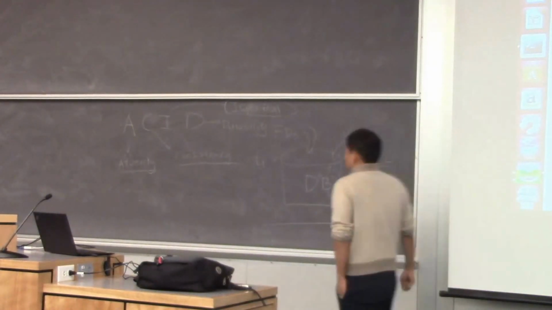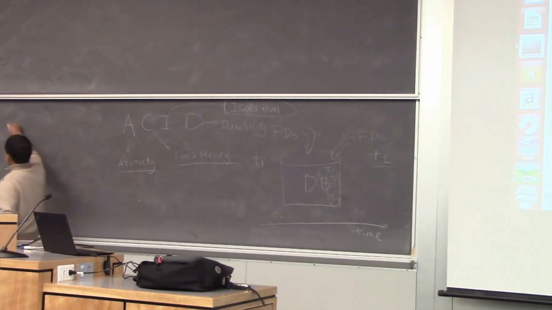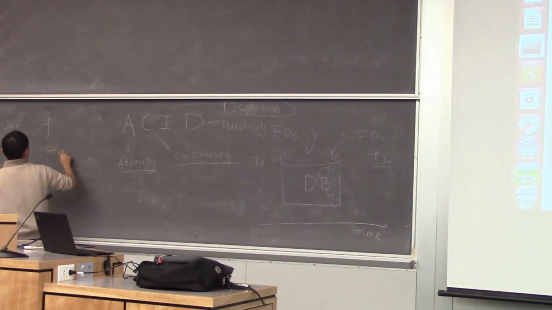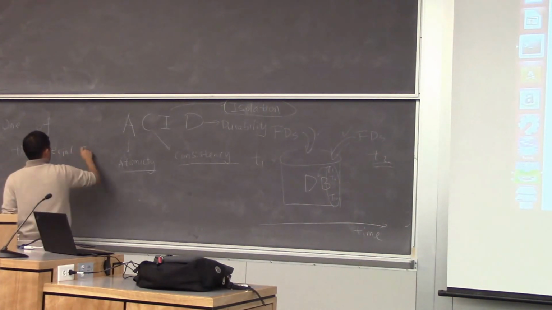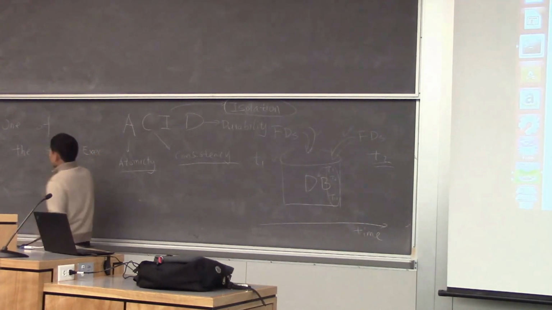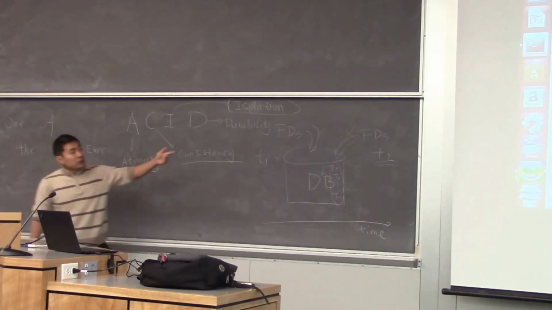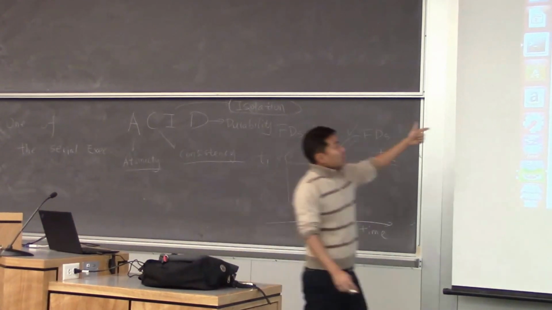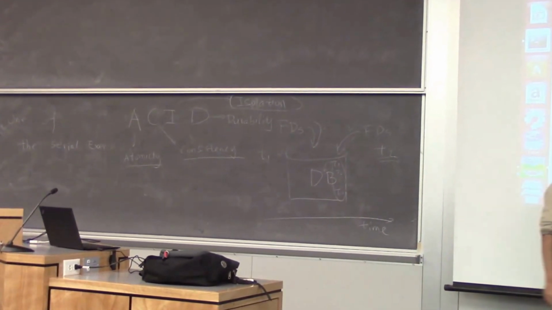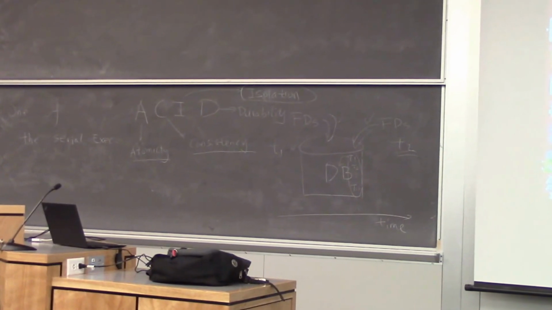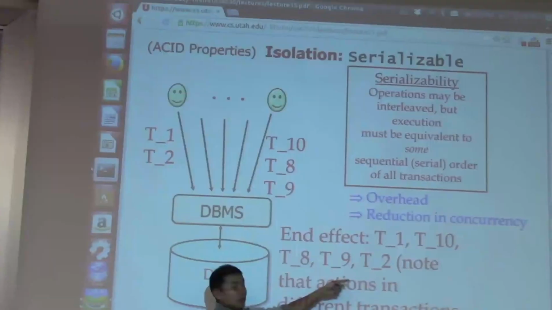Note that the key concept here is one of the serial execution of these transactions. Meaning that if you have, for example, given this example, T1, T8, T10, T9, a serial execution of that, let's say, is T1, T10, T8, T9, T2.